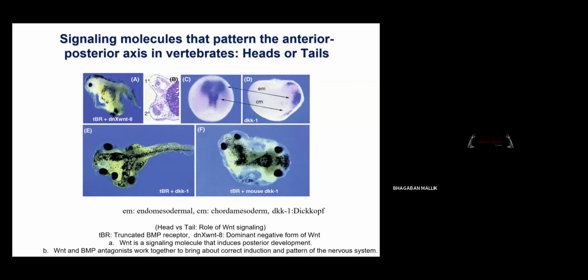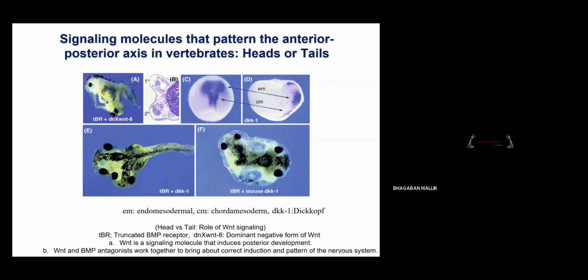So when they inject the DKK1 mutant, or the inactivated or the truncated form of the BMP receptor, you find similar things, a similar two-head development, because DKK1 inhibits the posterior signaling, and the mutated version of the BMP receptor also inhibits the posterior signaling.